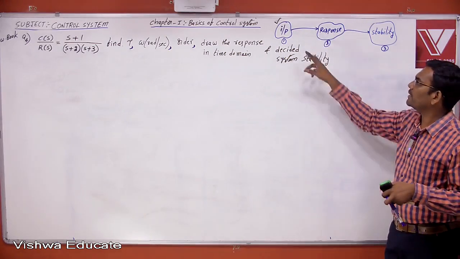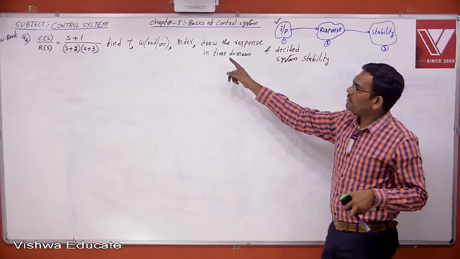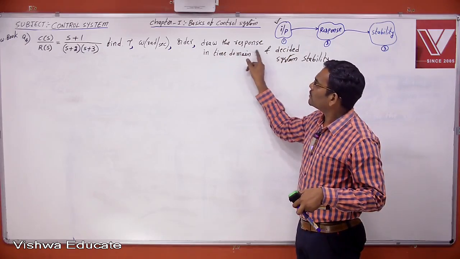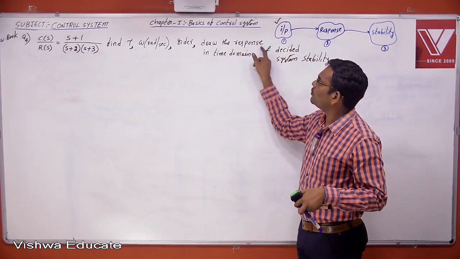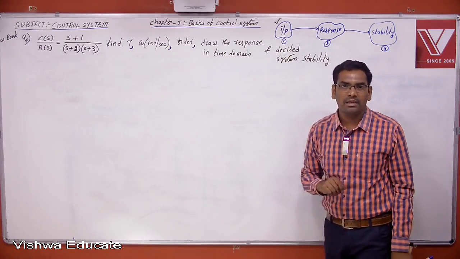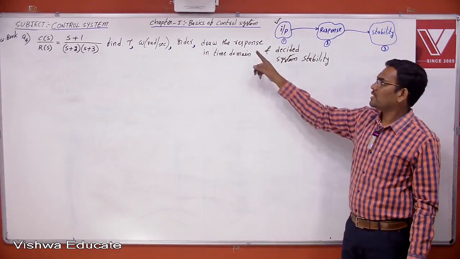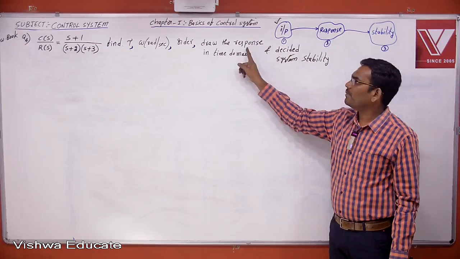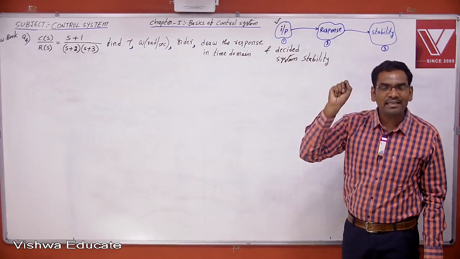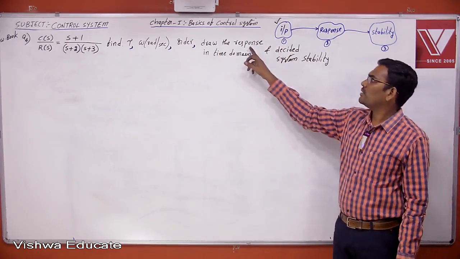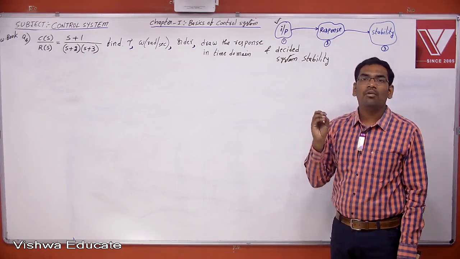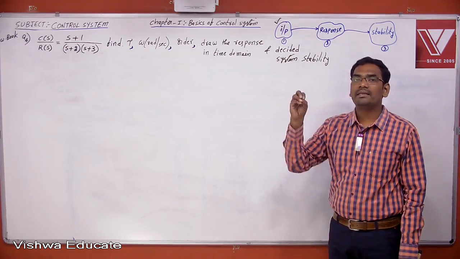Now what is the question? Draw the response. Response means output. How can you get the response? How can you get the output? The response or output comes only when you apply some input.